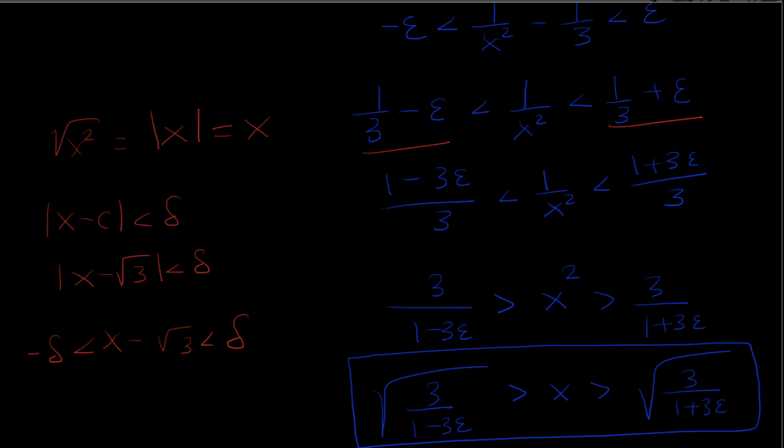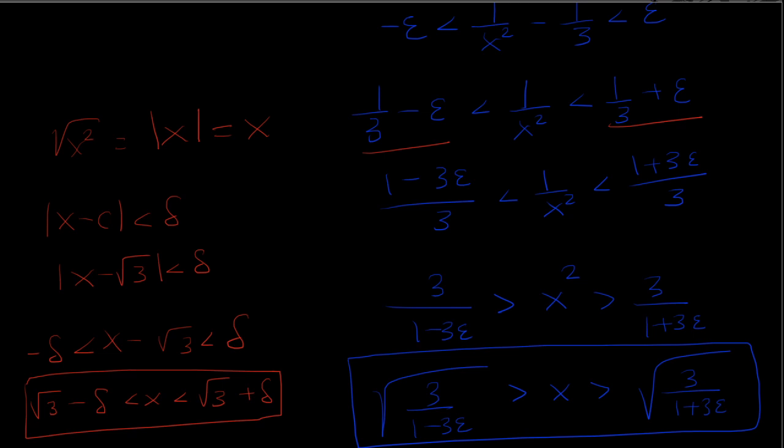We'll add root 3 to the left and the right. So we have root 3 minus delta less than x less than root 3 plus delta. And that's our second inequality that involves x.